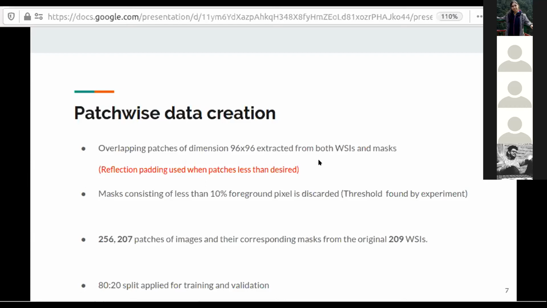When we took the patches, we found that many of the masks had less than 10% foreground pixels, so we discarded them initially before running the training scheme. After that, we had around 250,000 patches from the original 209 whole slide images which were provided for training. We used an 80-20 split for training and validation.